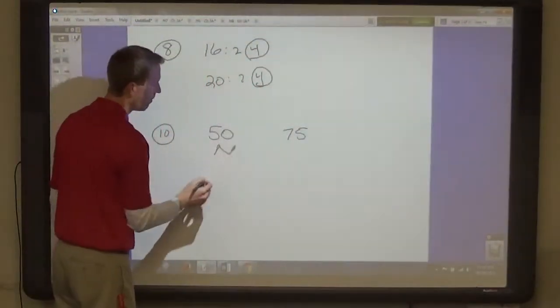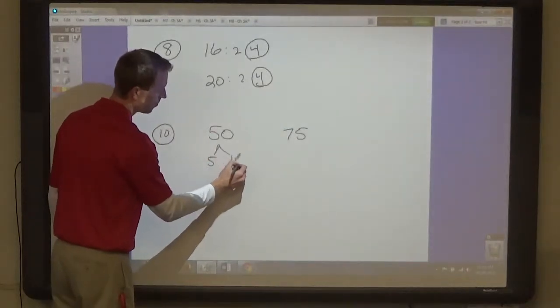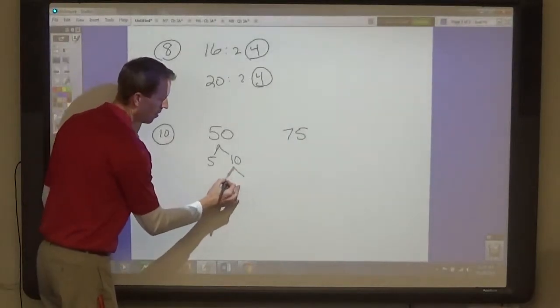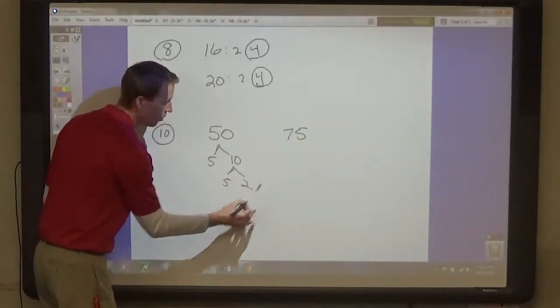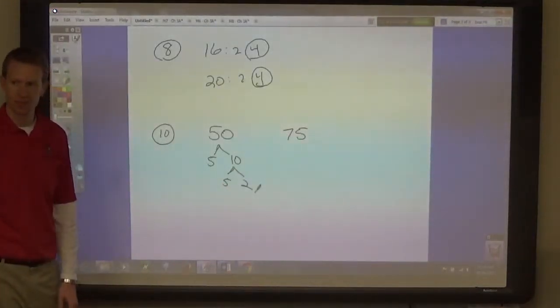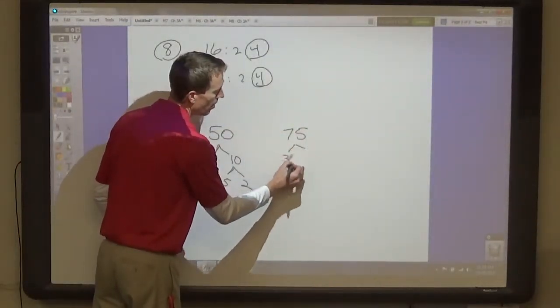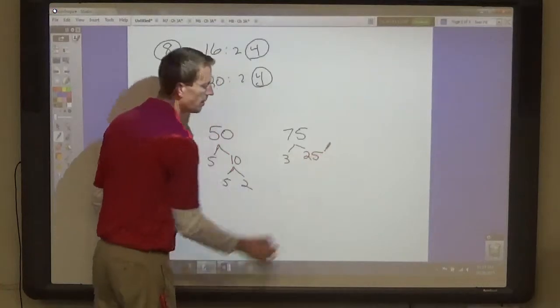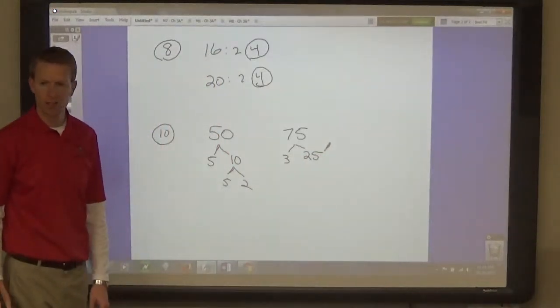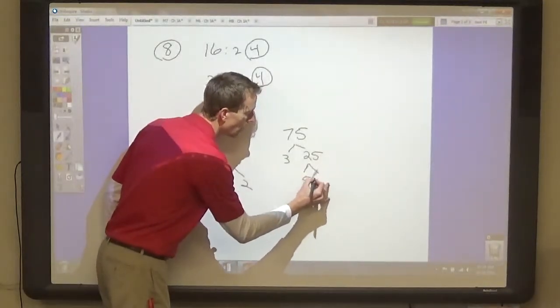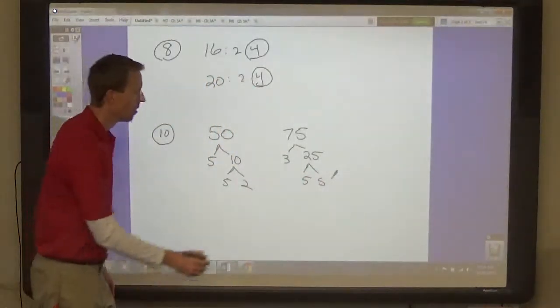So, factor 50. 5 and 10 makes 50. 5 and 2 makes 10. And then 75. How about 3 times 25? We know that 3 times 25, right? Yep. And then 5 times 5.